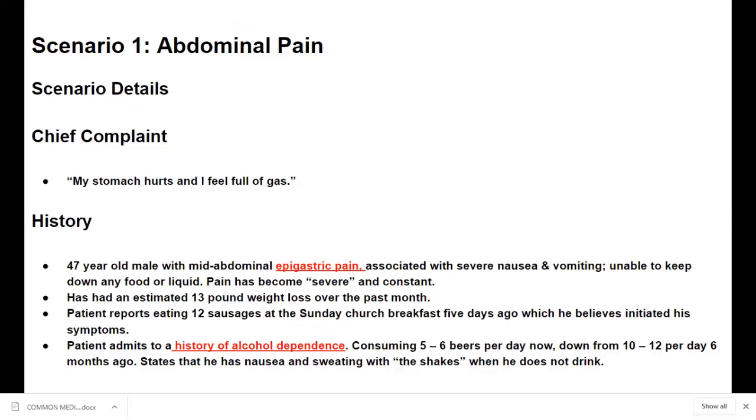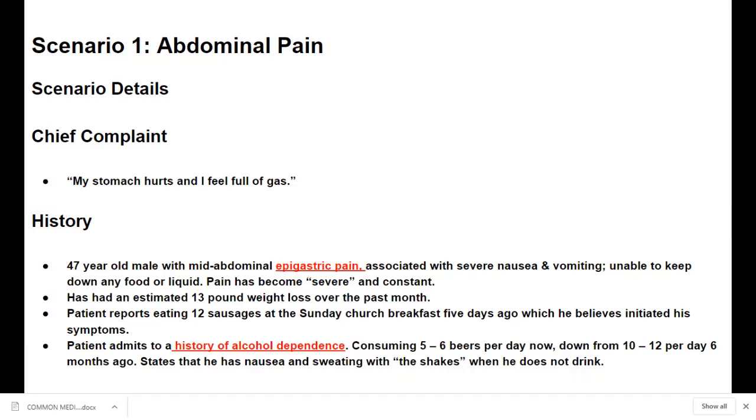Associated with severe nausea and vomiting, unable to keep down any food or liquid. Pain has become severe and constant. He's had an estimated 13-pound weight loss over the past month. Patient reports eating 12 sausages at the Sunday church breakfast 5 days ago, which he believes initiated these symptoms.